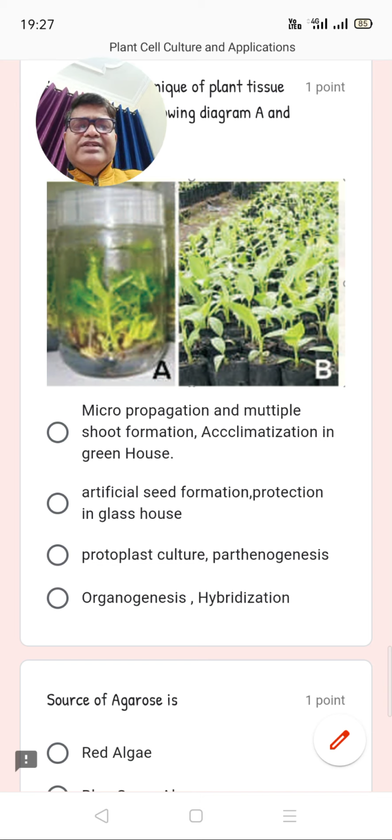So artificial seed formation, it is wrong. Protoplast culture and pathogenesis, it is wrong. Organogenesis, hybridization, it is wrong. Okay, so correct answer will be micropropagation and multiple shoot formation, acclimatization in greenhouse.